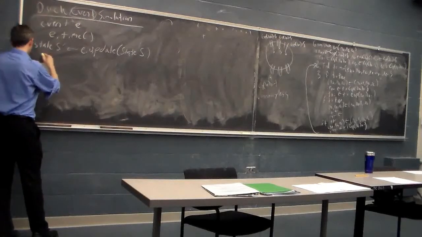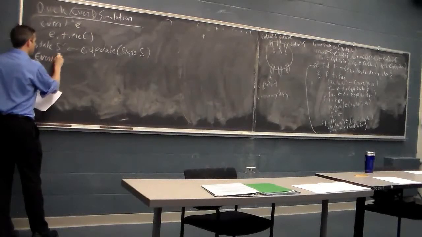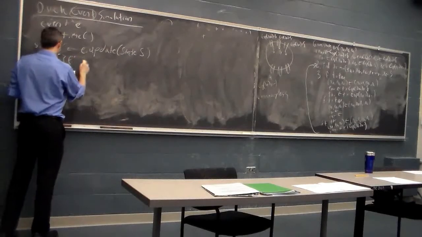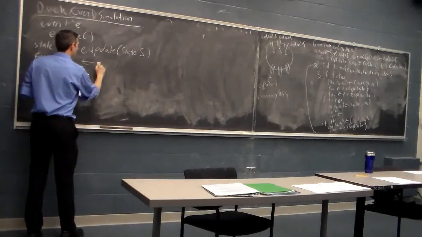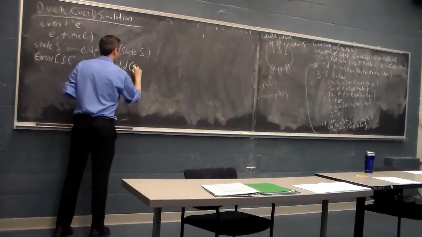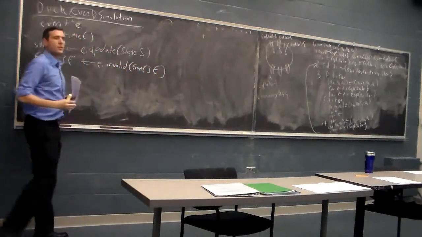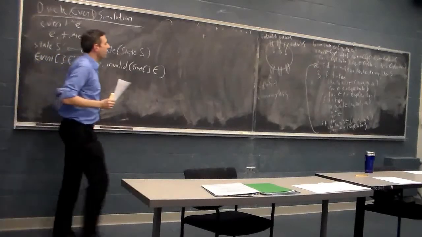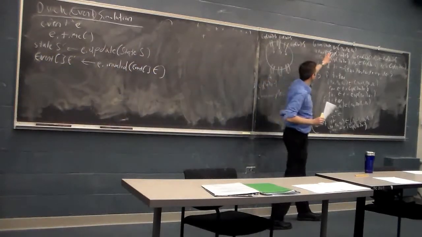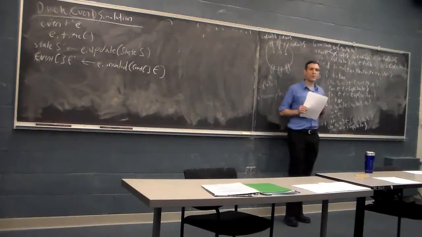So if we have a vector of events, let me call that event vector E', it gets E.invalid of an event vector P. In other words, what this is saying is that if we give the list of current events to one of these events, it should be able to tell us there are certain events that that one made no longer usable.